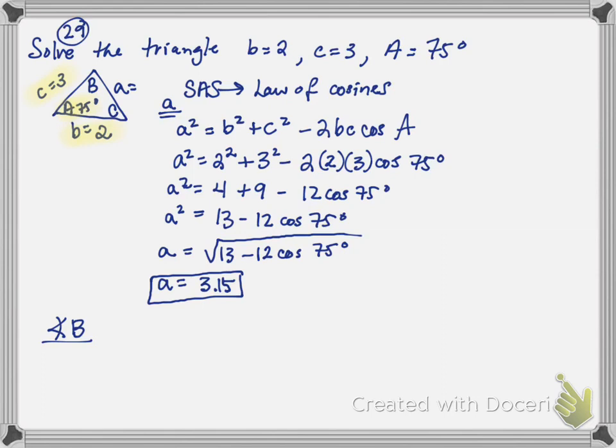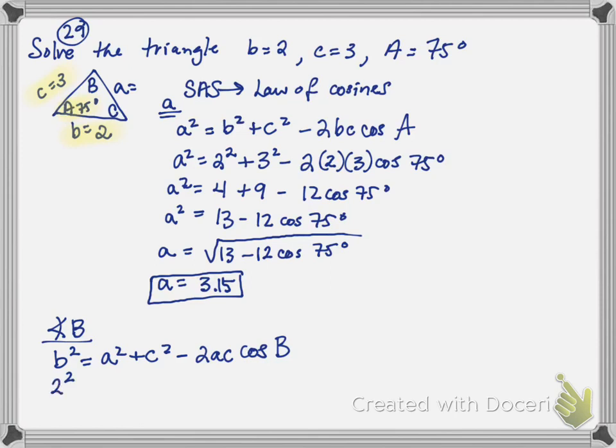So since I'm looking for angle B, I'm going to use the formula B squared equals A squared plus C squared minus 2AC cosine of angle B. And I'm going to plug in my values.